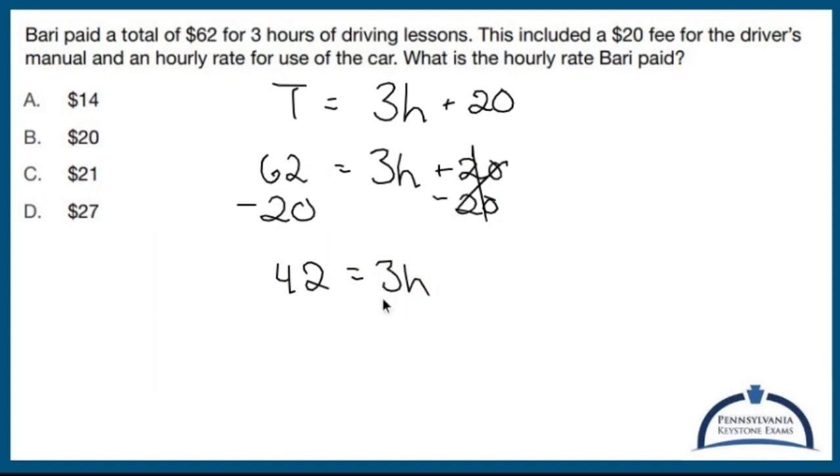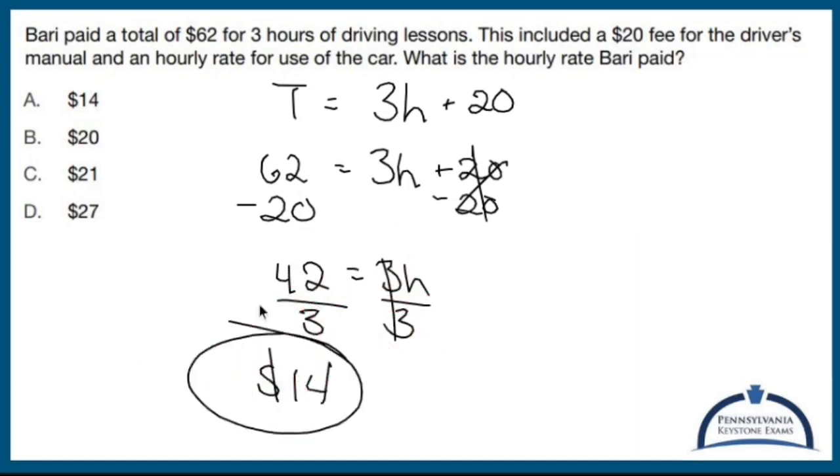That's what this says, but I need the hourly rate, so I'm going to divide everything by 3. And 42 divided by 3 is $14 per hour. Maybe I should become a driving instructor. Sounds like a good business model to me. All right.